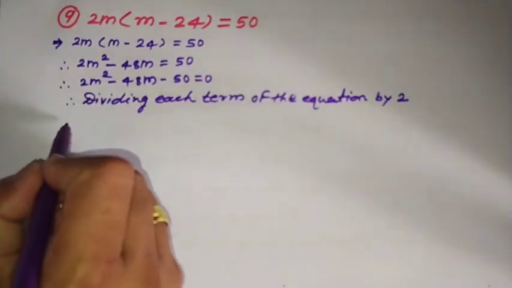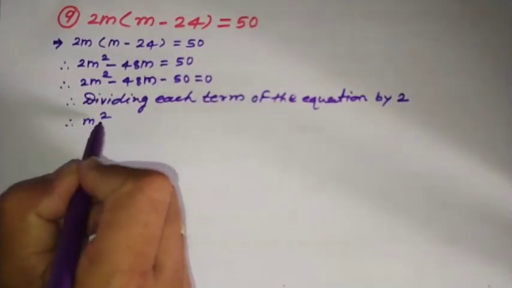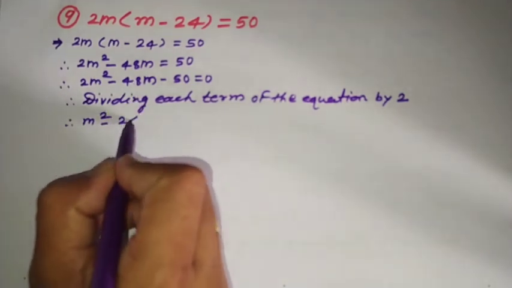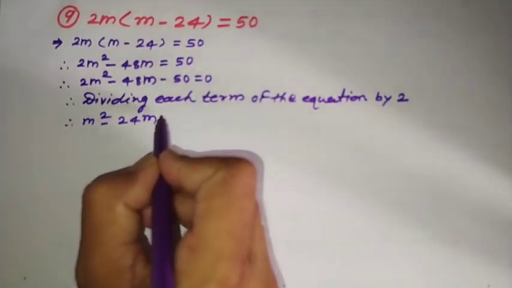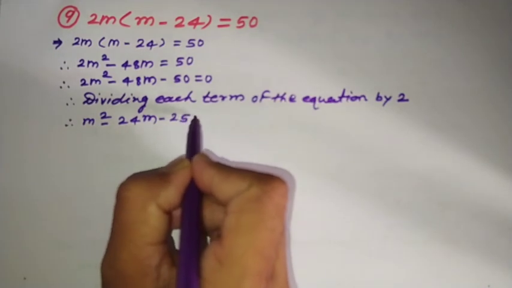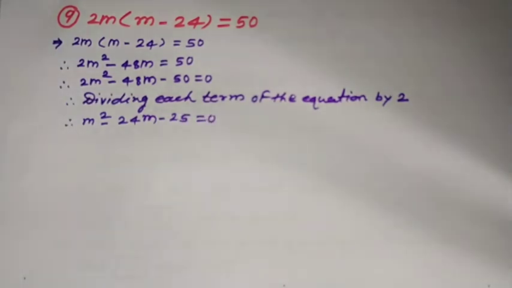First term divided by 2, remaining m square minus 24m minus 25 is equal to 0.